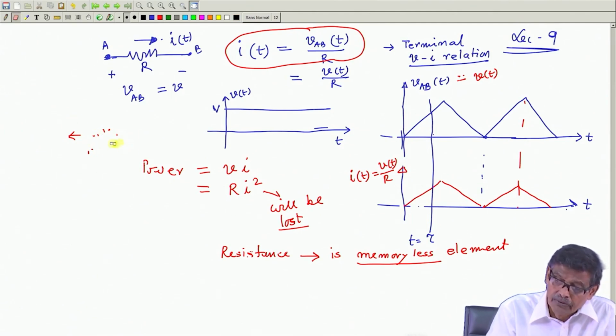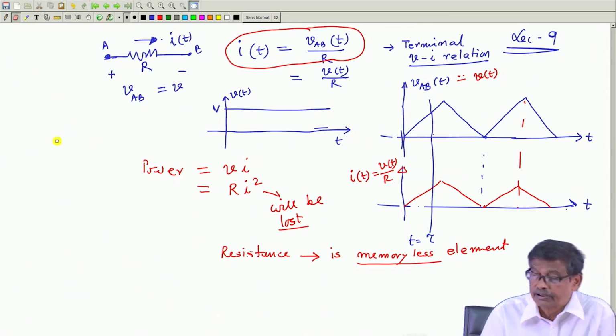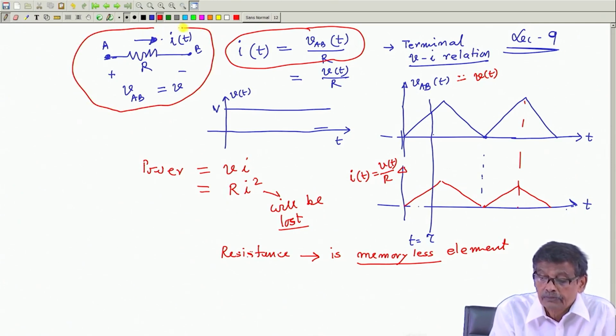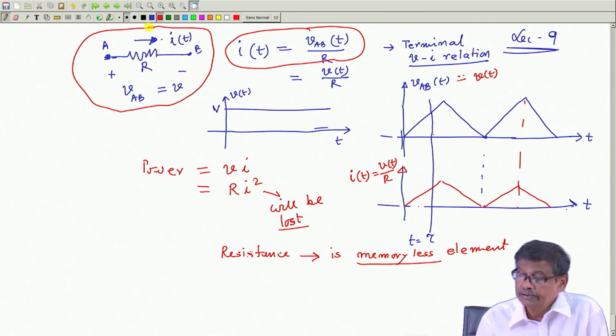Anyway, now let us come to an inductive circuit. So, this is the voltage current relationship. This diagram is important, this diagram always you keep it in your mind.